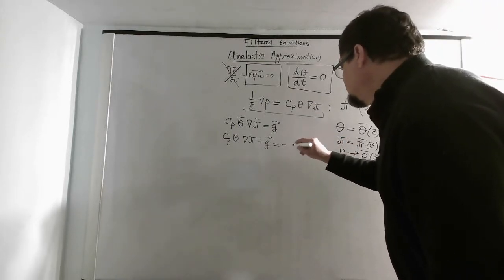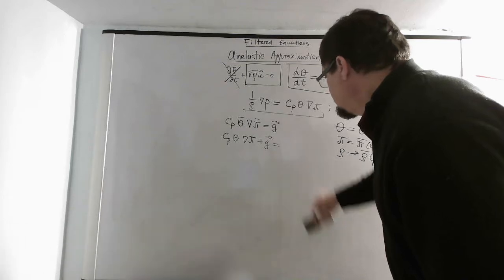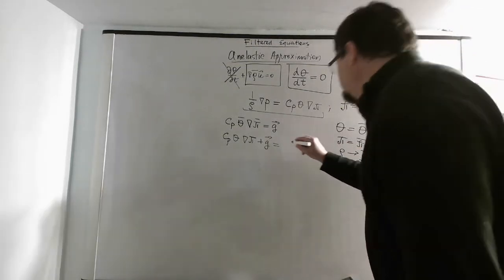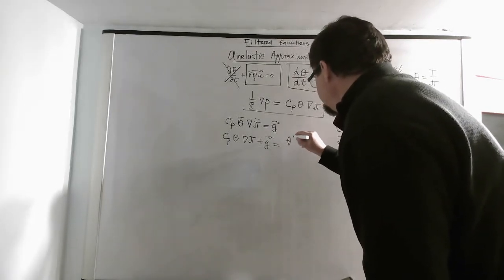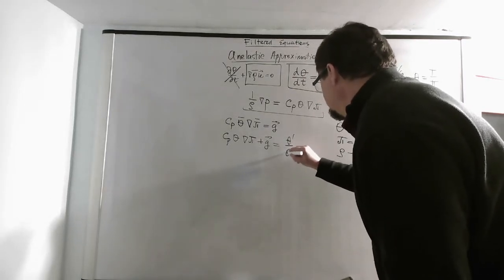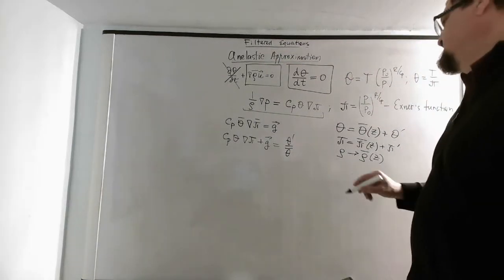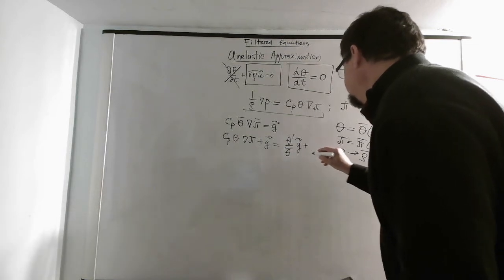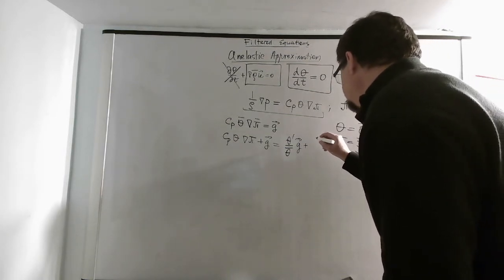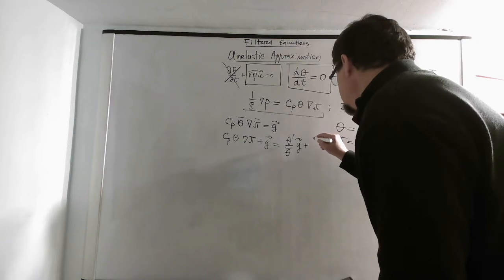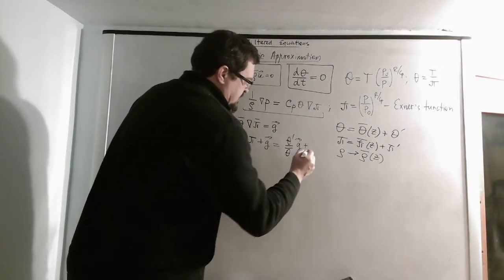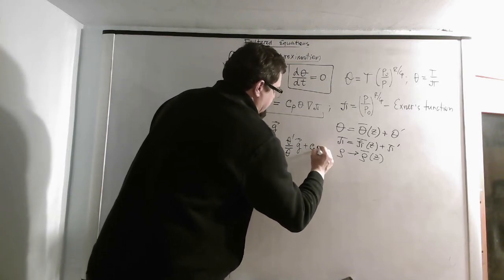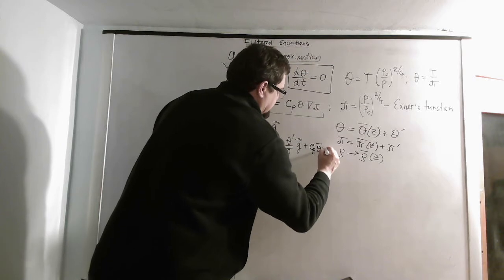That's equal to, actually plus, let's see, the potential temperature perturbation divided by the mean times g, plus Cp theta mean gradient of P prime.